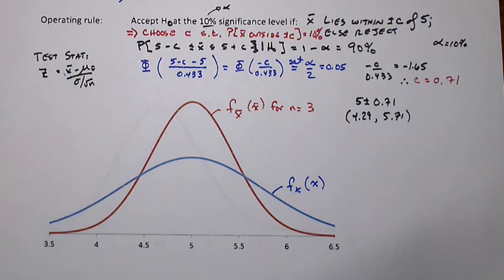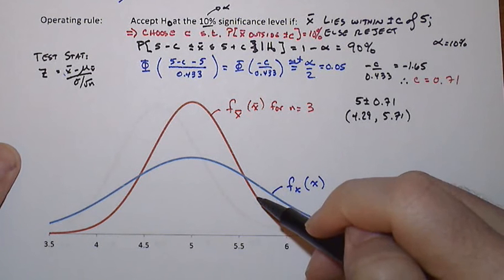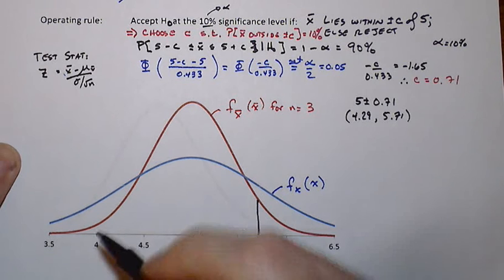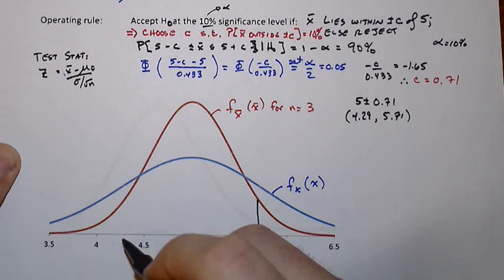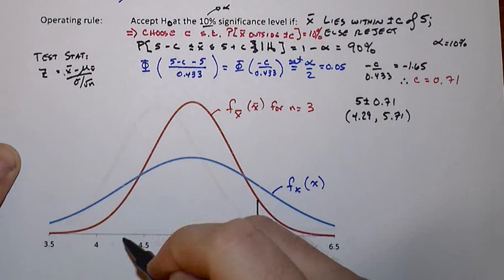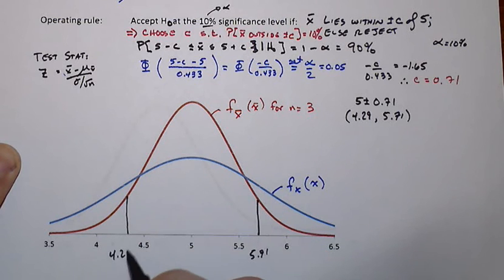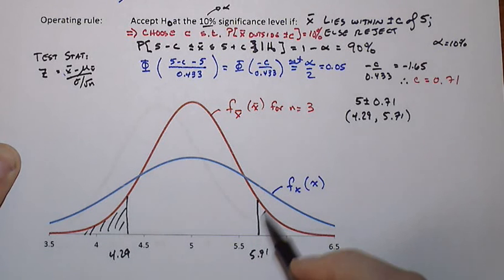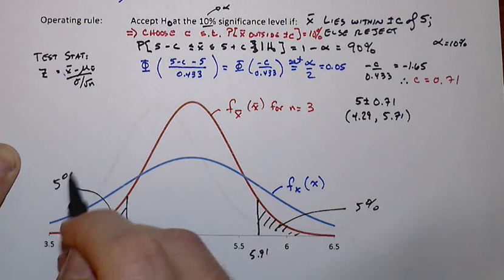And down here then on our chart, 5.71 is about here, and then 4.29 is about there, and that area will be 5%, that area will be 5%.